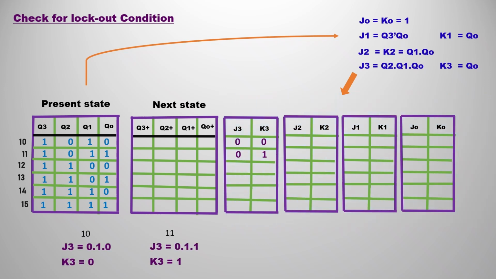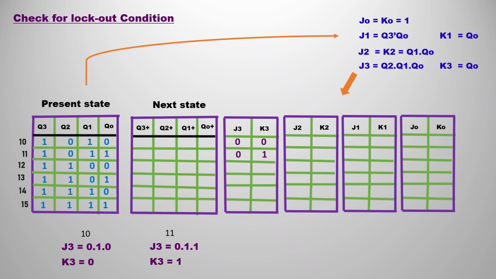I will explain one of them, and you can fill in the remaining ones. Observe how we fill these inputs, J3 K3. The first one I filled with 0 0. How did I fill 0 0? Observe the 10th position. As we are filling J3 K3, we use the J3 K3 expressions. The J3 expression is Q2 into Q1 into Q0, and K3 is simply Q0.